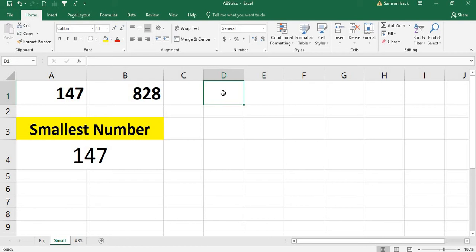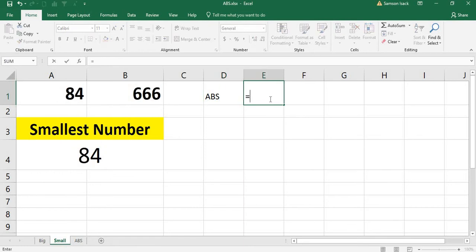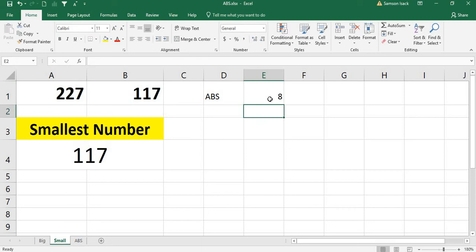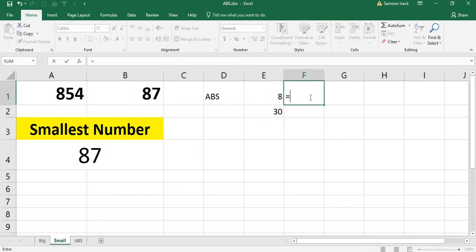We have a function called ABS. In Excel you can say it's a mod function or the sign remover. I will explain how this function works.